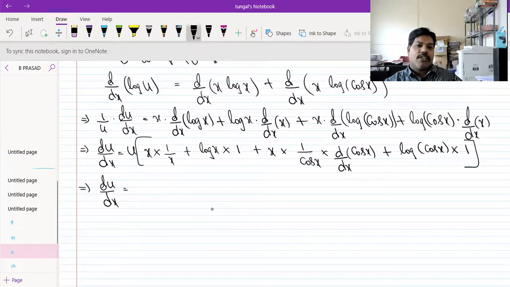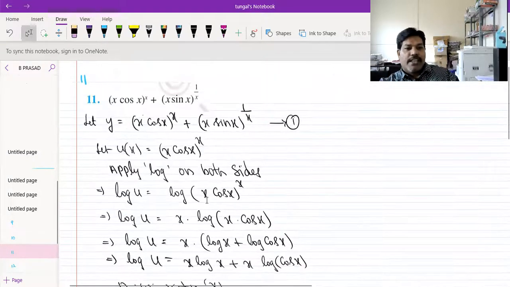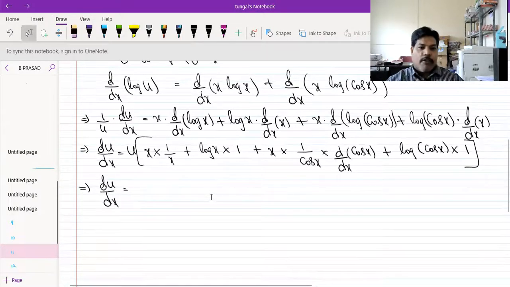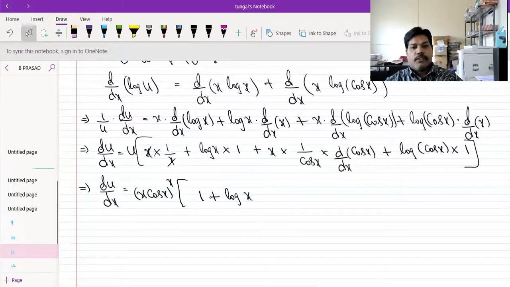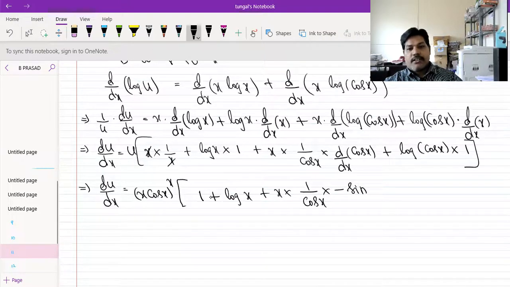So that implies du by dx is equal to, what is the u value, students? U is nothing but (x cos x) whole power x. So the u value is (x cos x) whole power x into, so what happens? x will be cancelled, it will become 1 plus log x here, plus x into 1 by cos x into the cos x derivative, which is minus sin x, plus log of cos x.